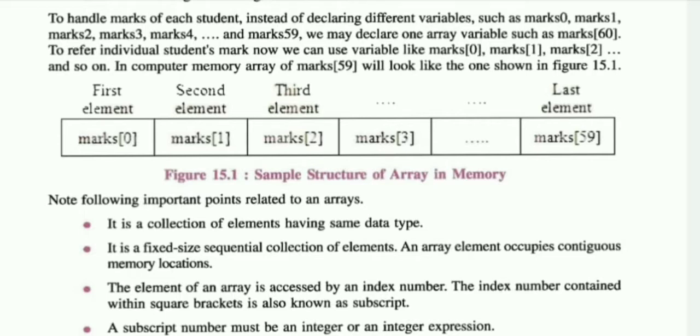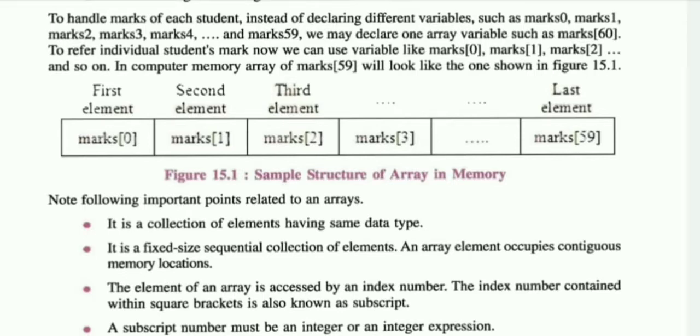The element of an array is accessed by an index number. So how can we access these array elements, because the 60 values are stored together, and each and every value has a specific address? With the help of their index number.